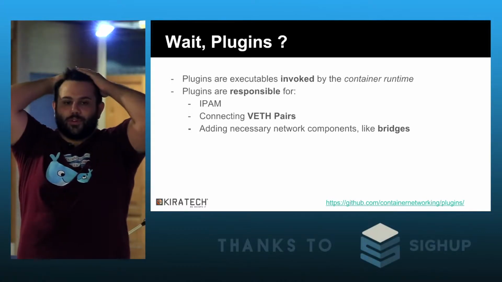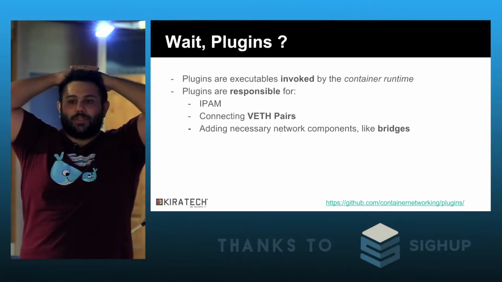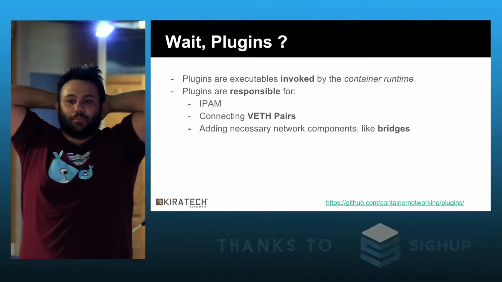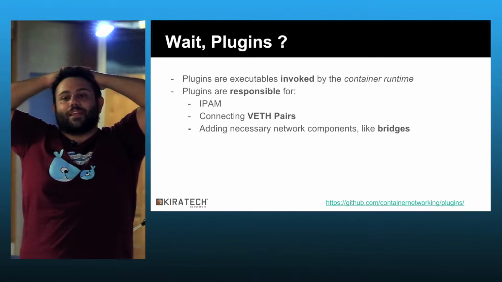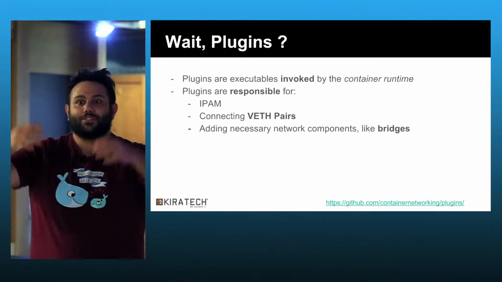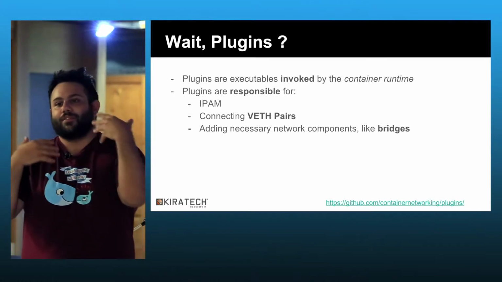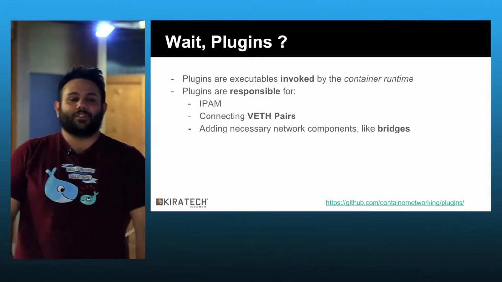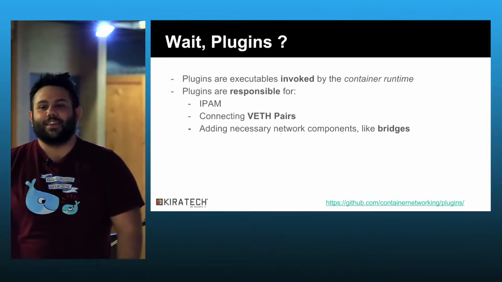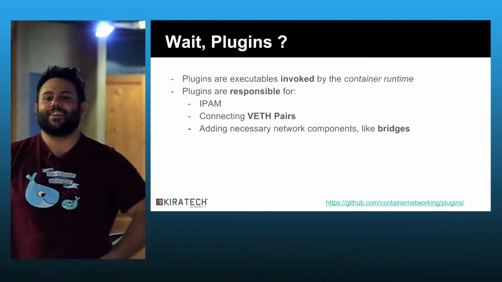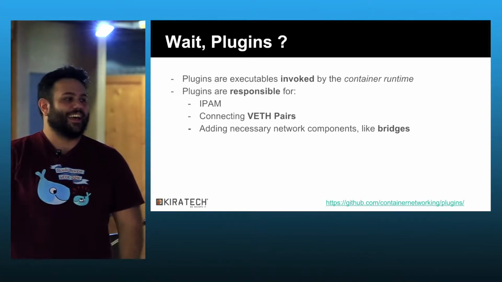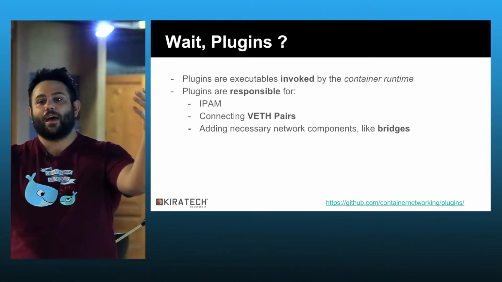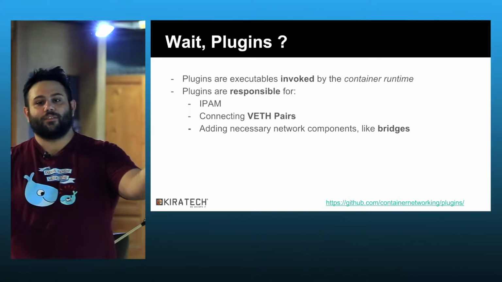Plugins are responsible for IPAM, IP address management. It's not that you don't need DHCP in containers, but if you have an orchestrator that is aware of every container, why would you need DHCP? DHCP is more useful when you have machines that just spawn up and announce themselves in a network.